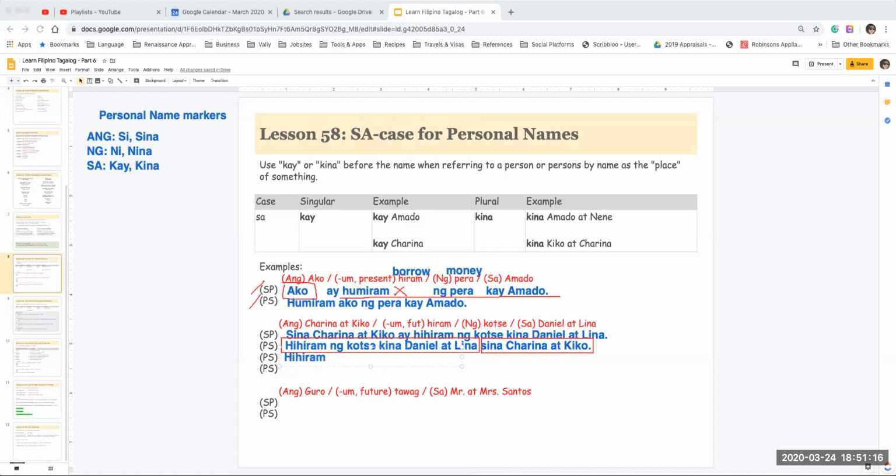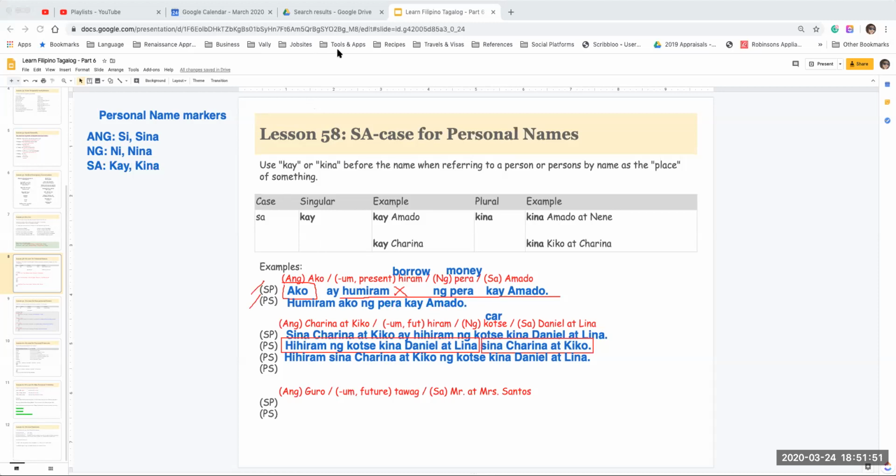Hihiram sina Charina at Kiko ng kotse kina Daniel at Lina. Very good. What is coche? Do you remember? Kotse? Yes, it's a car. Our verb is the same: hiram, borrow.